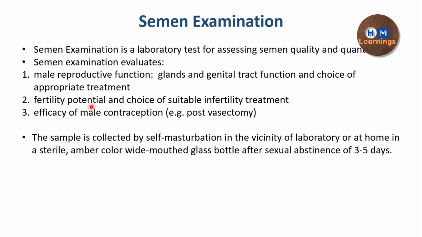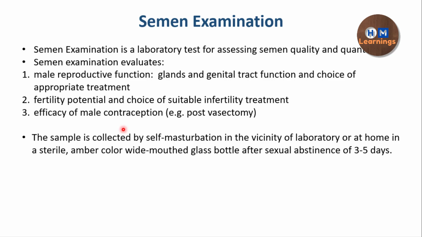After knowing about the problem, we can choose the appropriate infertility treatment for the couple. And then efficacy of the male contraception. For example, after vasectomy, ideally the semen collected after vasectomy should not have sperms, or should have very little sperm.